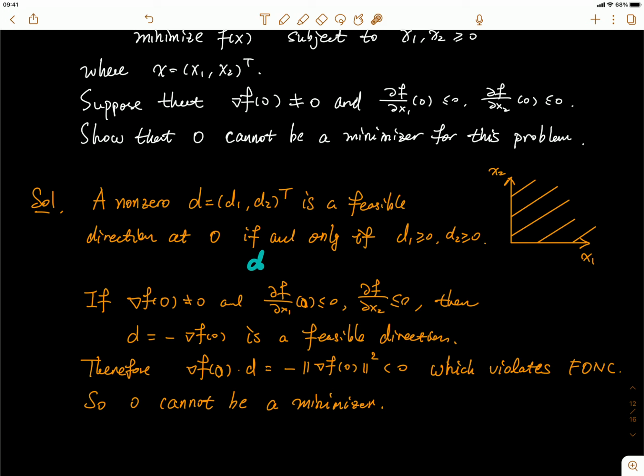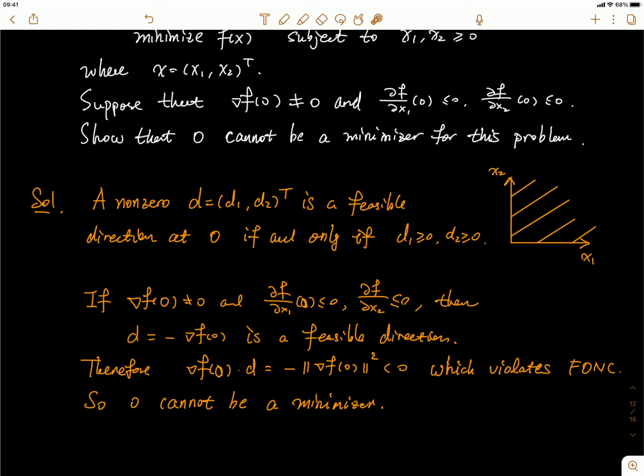So d1 is the negative of partial f partial x1 at 0, and d2 is the negative of partial f partial x2 at 0. Then I know that both of these are greater than or equal to 0, right? Because these are negative, so the negative of them will be greater than or equal to 0. That means d will be a feasible direction, right?